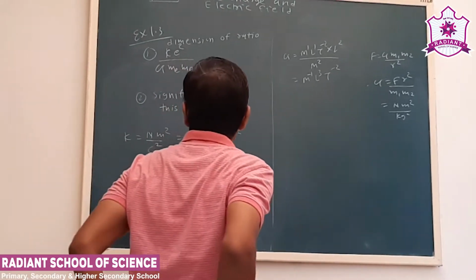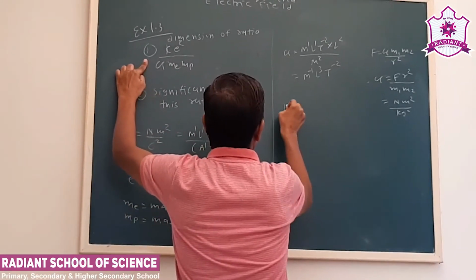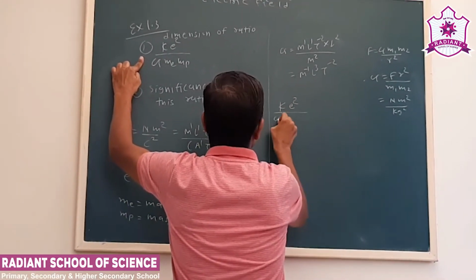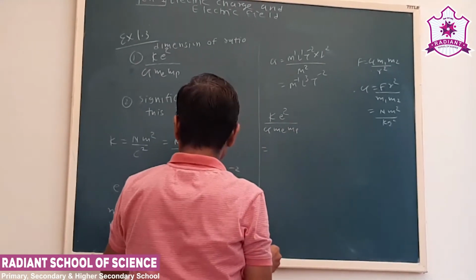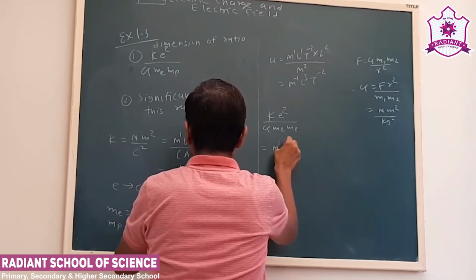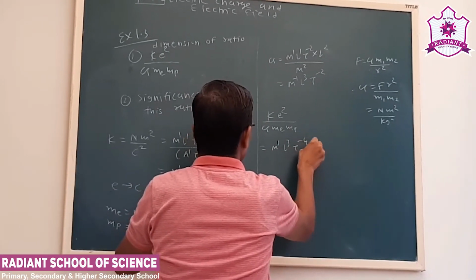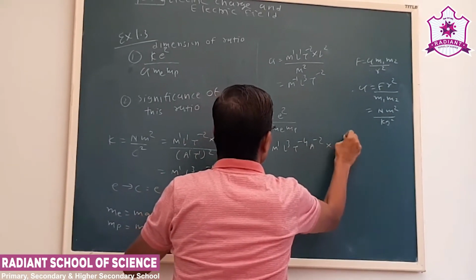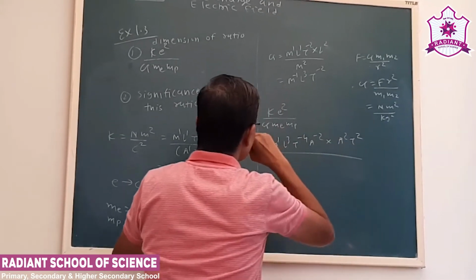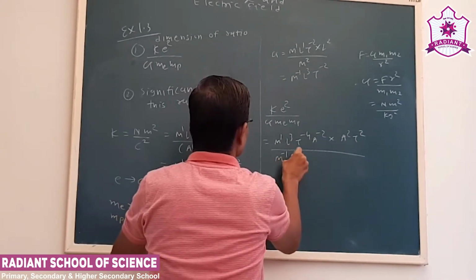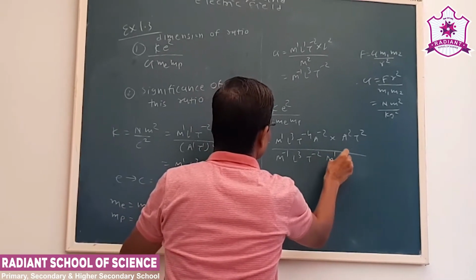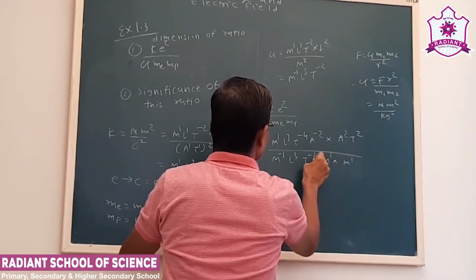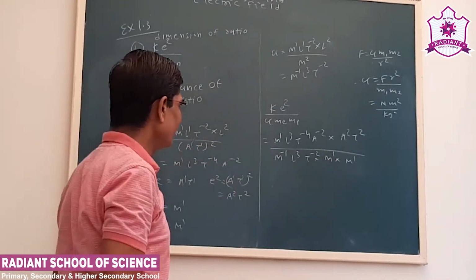Now we substitute the values in K E square upon G ME MP. K is M1 L3 T minus 4 A minus 2, E square is A2 T2, G is M minus 1 L3 T minus 2, ME MP will make M2. Now we simplify.